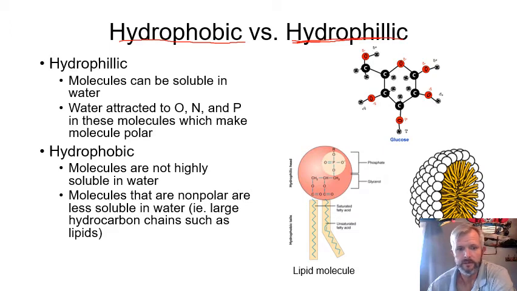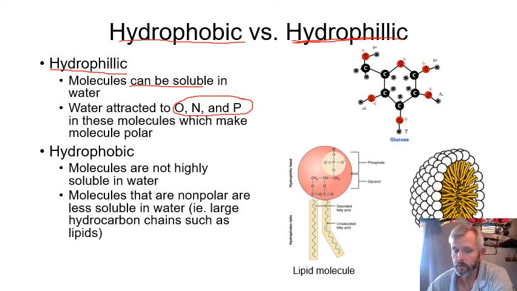So anything with oxygen, nitrogen, phosphorus, these are electronegative atoms, so typically they're going to form molecules that are polar. Not always, but typically ones that contain lots of these will be polar molecules. And therefore, since water's polar, these would be hydrophilic. They're very easily soluble in water.